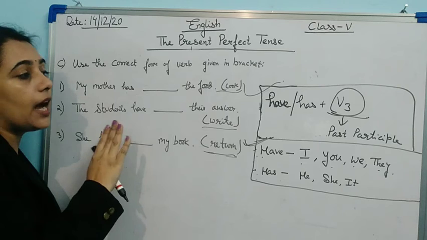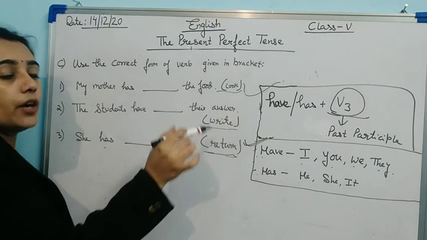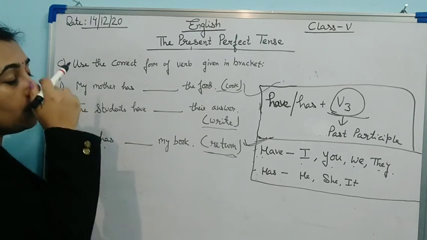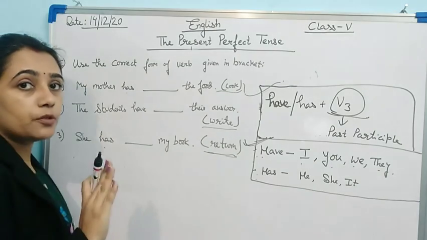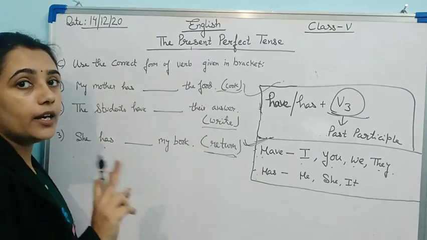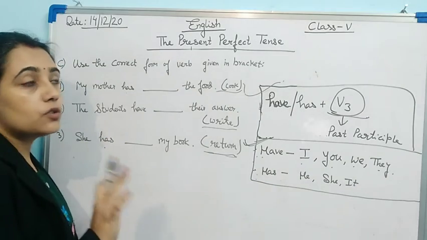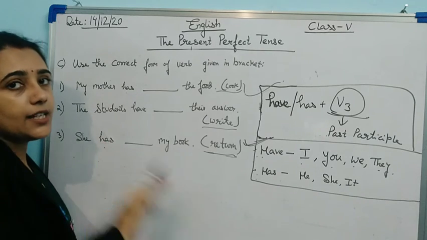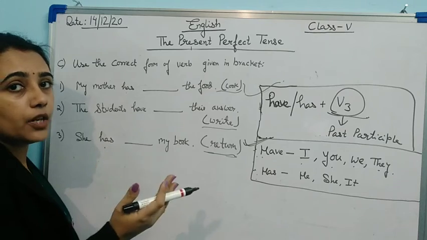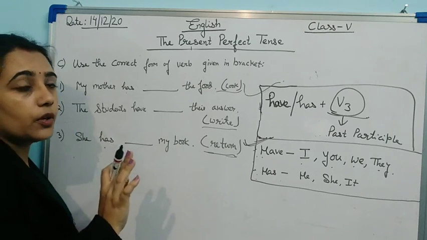I have to just see the verb which is given there and what is the third form of that verb. For this, all the forms of the verb should be on the tip of your tongue. You have to learn it thoroughly. So you can easily solve any chapter of tense if the forms of verbs are on your tongue tip. Okay. So let's start.